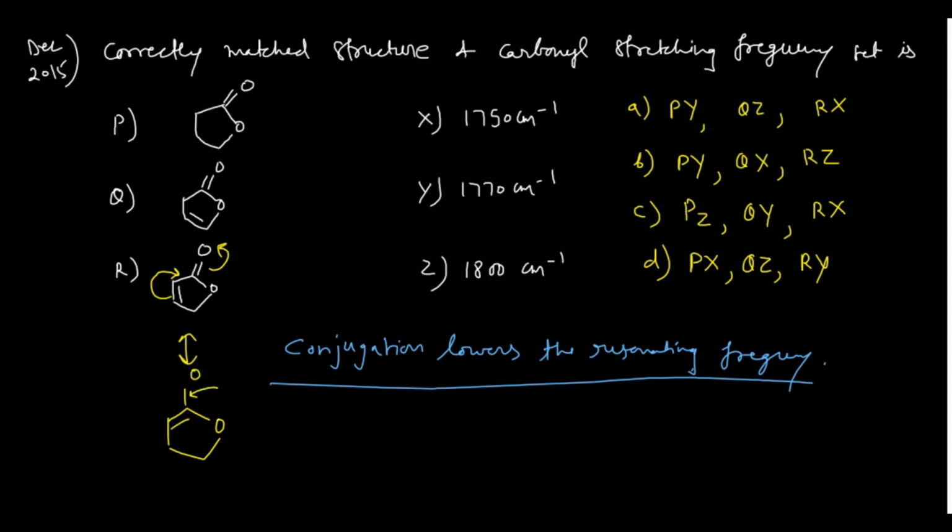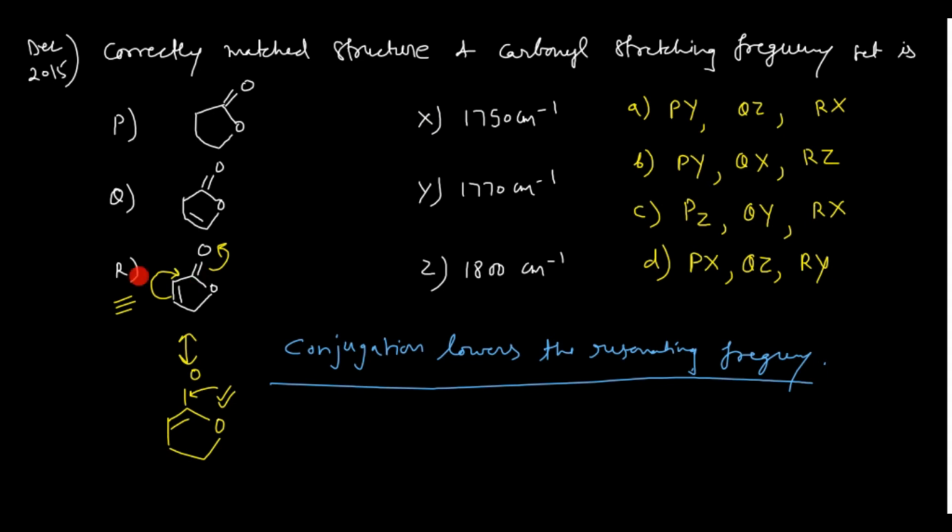When it is a single bond, that means it will resonate at the lower frequency, it will require lower energy to resonate. So R should have the lowest resonating frequency, and among these three the lowest value is 1715. That means R must correspond to X.